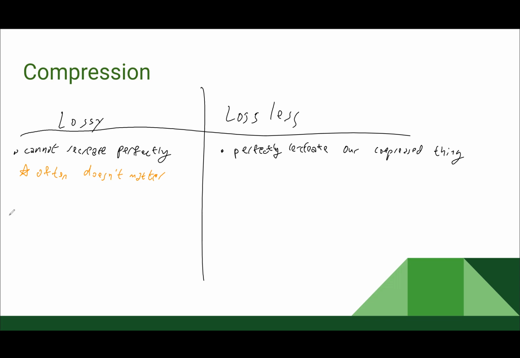Lossy compression also has the benefit of much better compression. If we have less stuff to compress, if we're losing data, we're obviously going to be able to compress it much more easily. Lossless means not as much space saved.